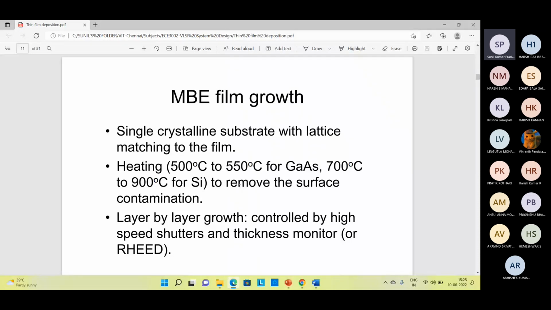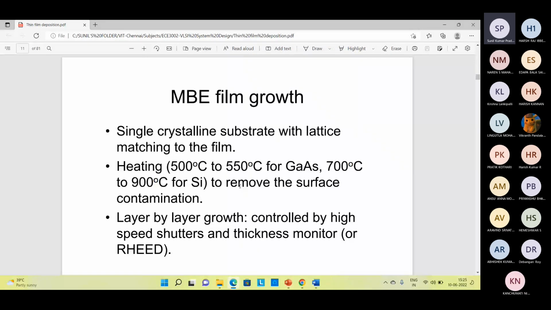So heating to remove the surface contamination is possible. Generally in these cases we accompany the heat, because when we heat we can remove the surface contamination.